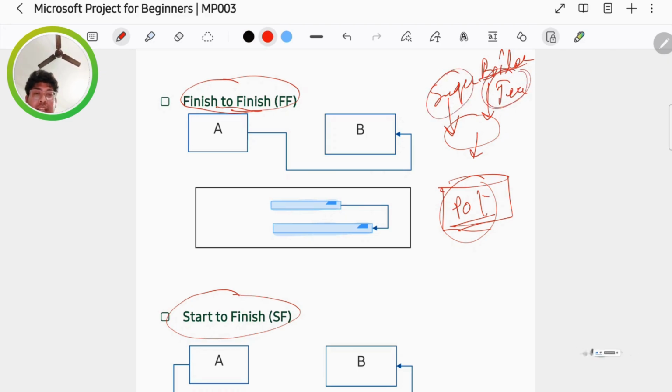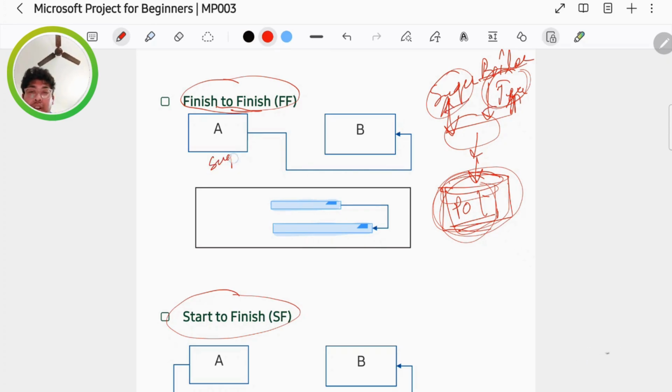That means we are giving an end to end relation between sugar and tea. Basically, what is our end criteria? Our end criteria is to pour the tea into the pot, right? If that is the criteria, then what will be the criteria for sugar and tea?